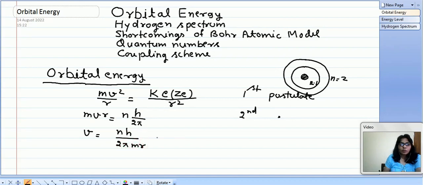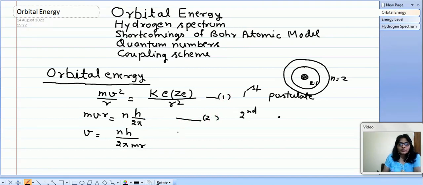This is the value of v, and we will substitute it into the first equation. Let us say this is the first equation and this is the second equation. So let us substitute the value of v in the first equation.